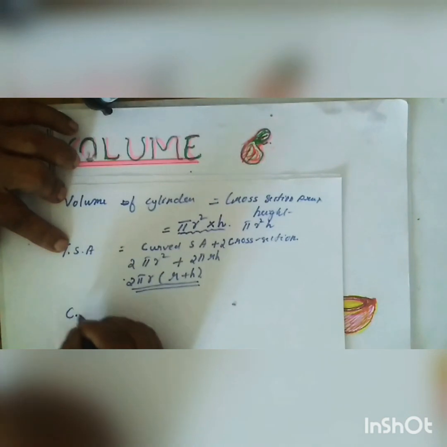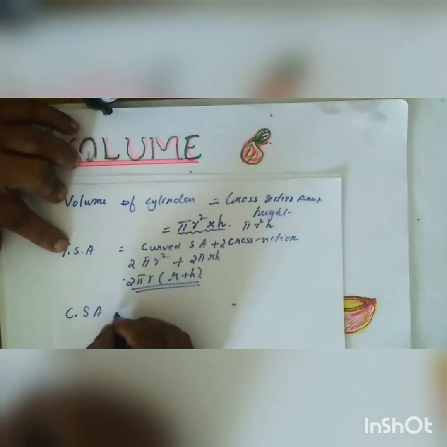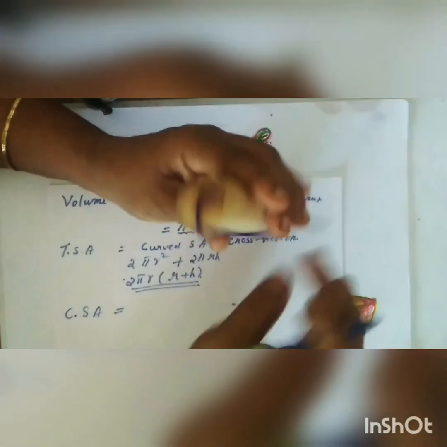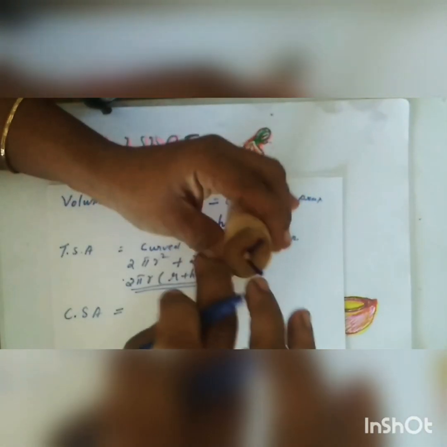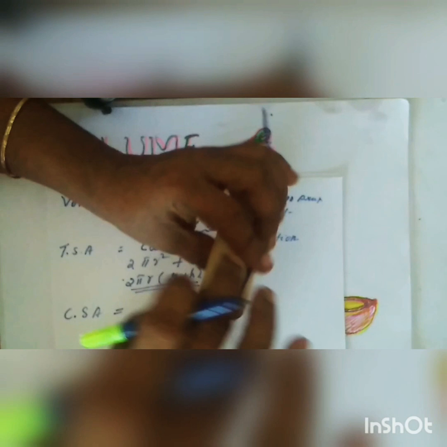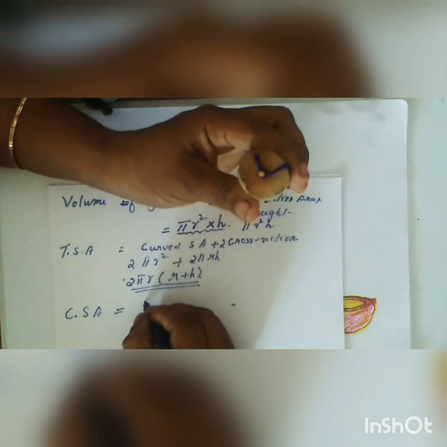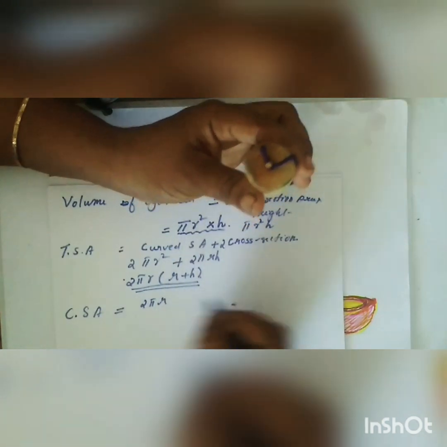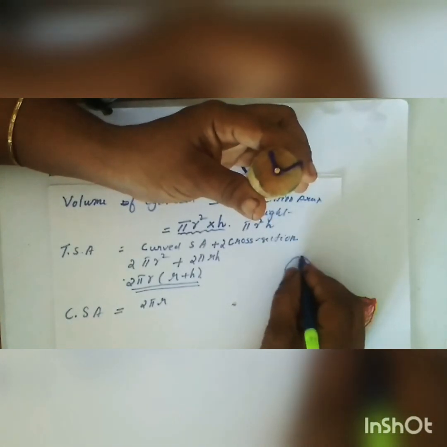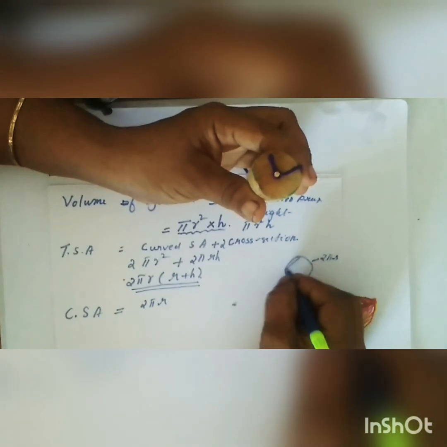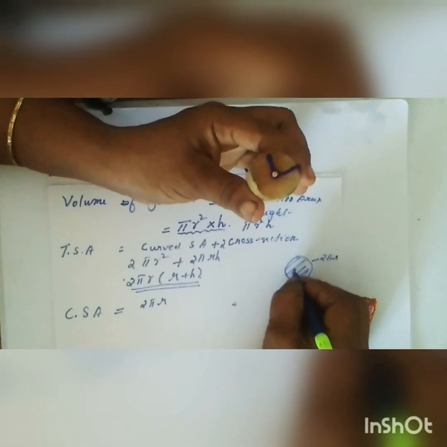The curved surface area is equal to this perimeter. Here this is a circle, and the perimeter of a circle is equal to 2 pi r. Circle perimeter is equal to 2 pi r and area is equal to pi r square.